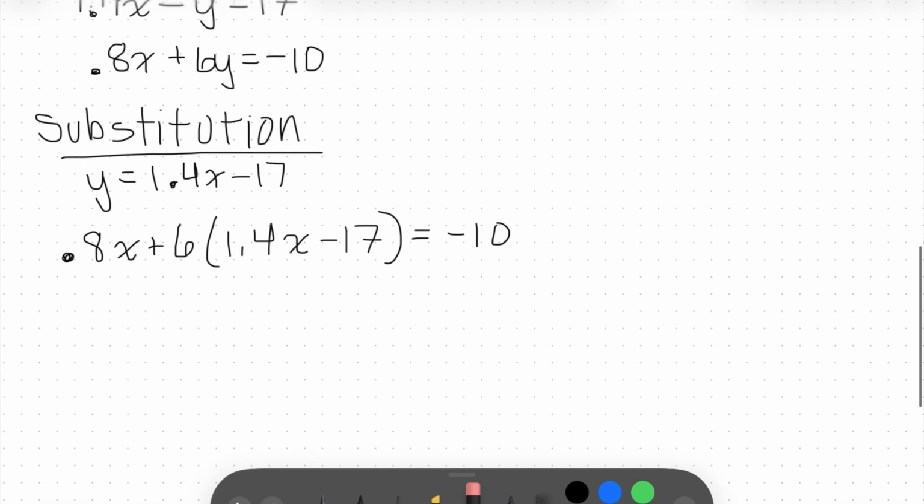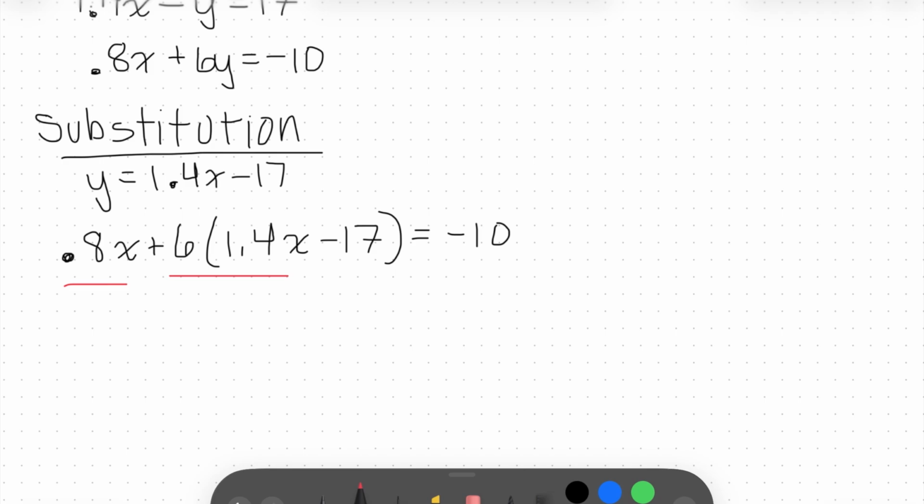All right. So from there we can solve for x, right? Now I'm going to have the 0.8x and then 6 times 1.4, and that is going to be 8.4. So I'm going to have 0.8x, and then I'm going to distribute the 6 and have 8.4x.